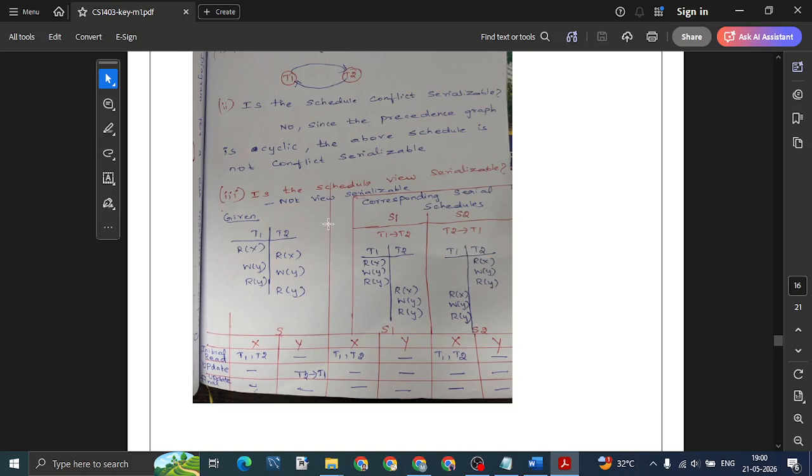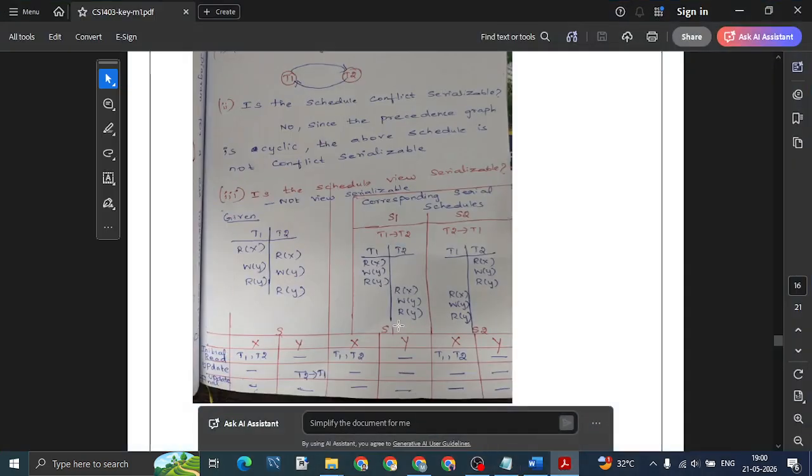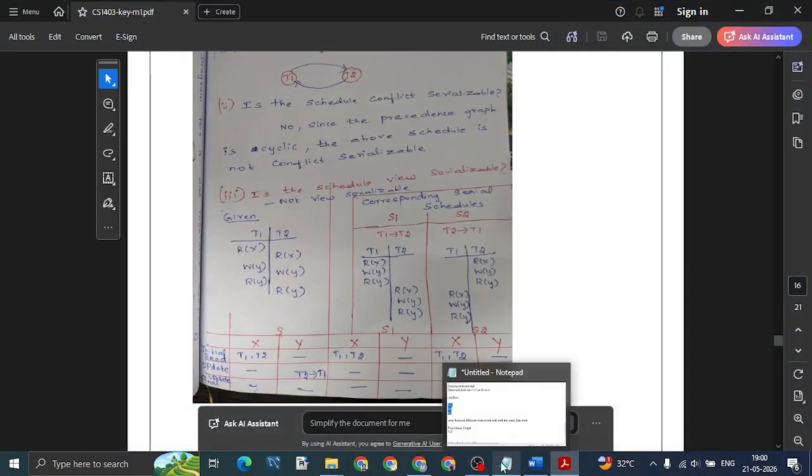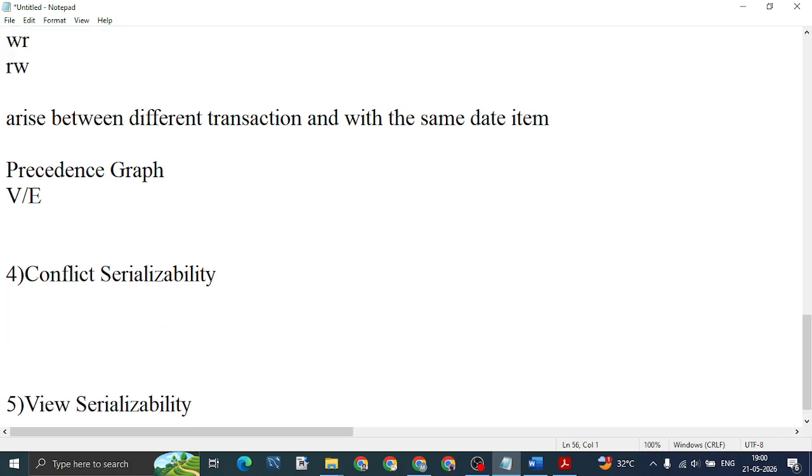Now for the case of view serializable, you need to check the three conditions: initial read, update and final update. Right? So for conflict serializable, we check that there is no cycle in the precedence graph.